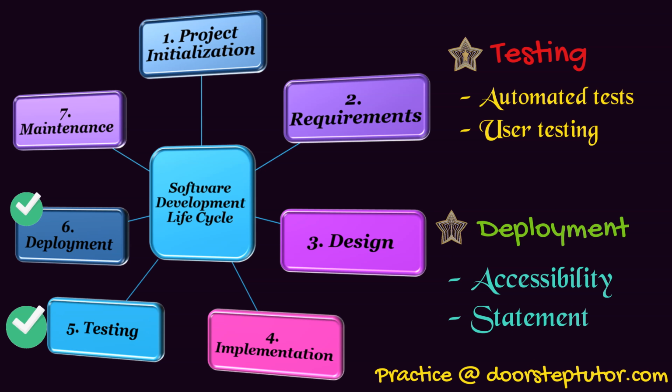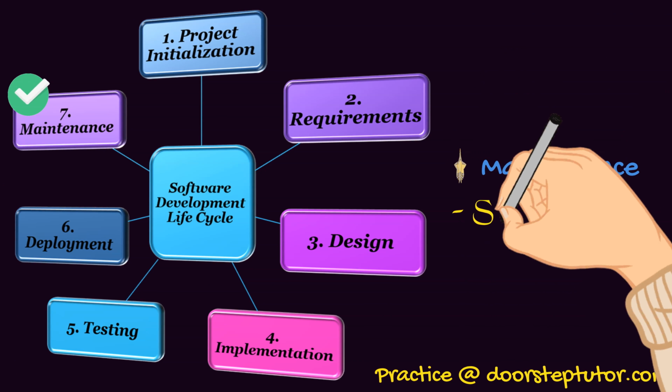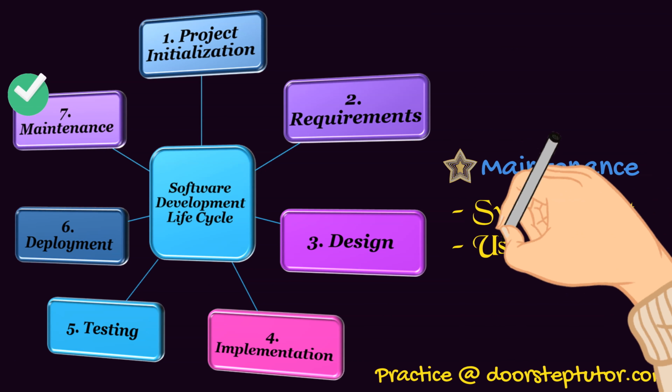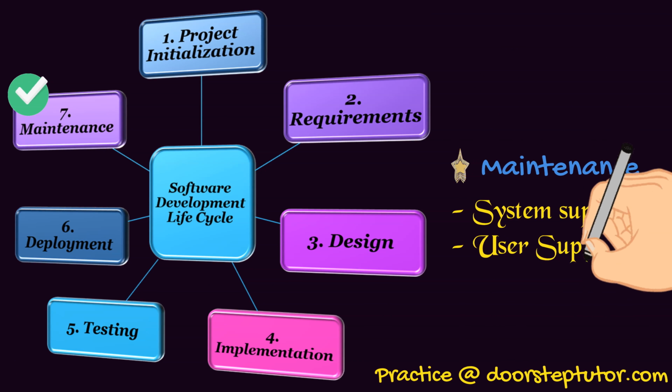This is the most important and difficult part to implement in the SDLC. We must be able to remove all the bugs so that it will be accessible by the customer. Then the final step will be maintenance. Maintenance means that system support and user support must be provided to the customer. If after delivering the product to the customer he is facing some kind of problem, we must be able to solve all those problems of the software.